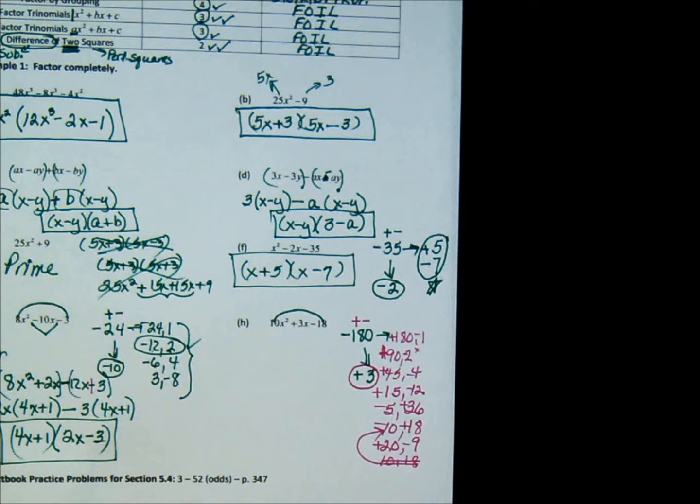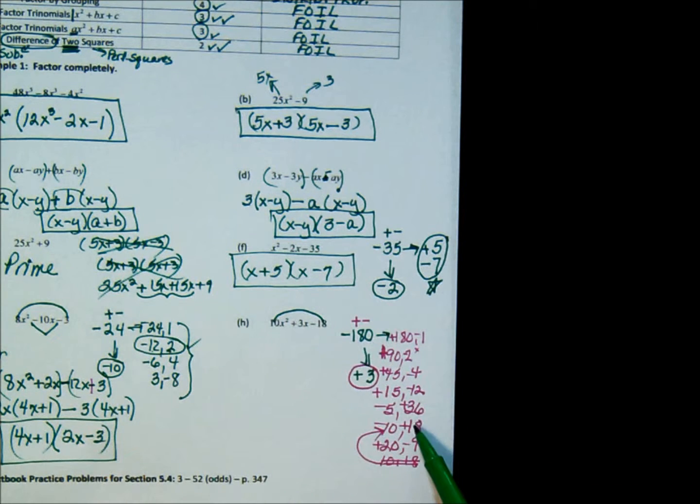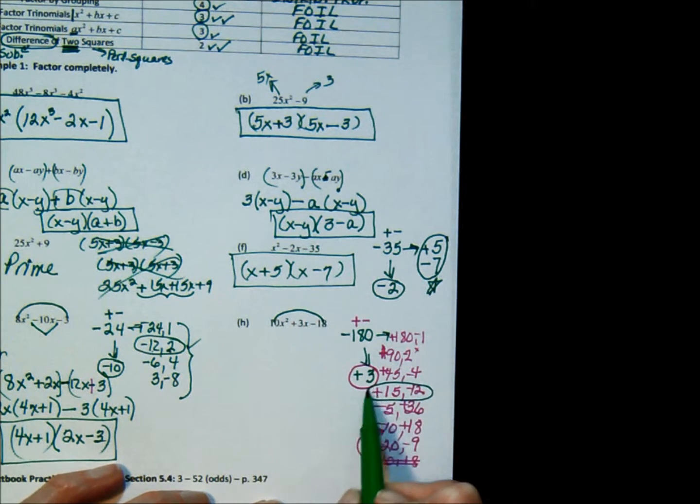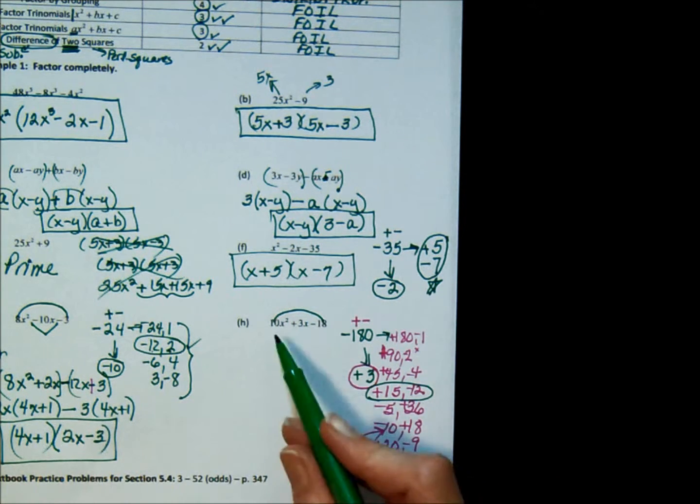Now what I have to do is find the pair that combines to make a positive 3. I know that they all multiply to get 180 because that's how I got them. And I think right here I can get a positive 3 with a positive 15 and a negative 12. So that required a lot of time and a lot of work before we even are ready to factor.